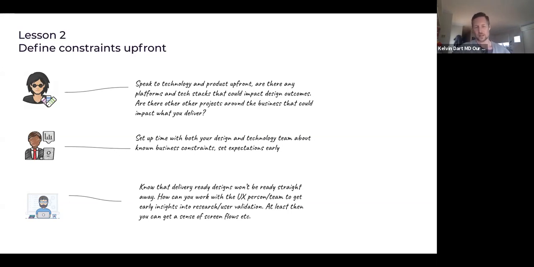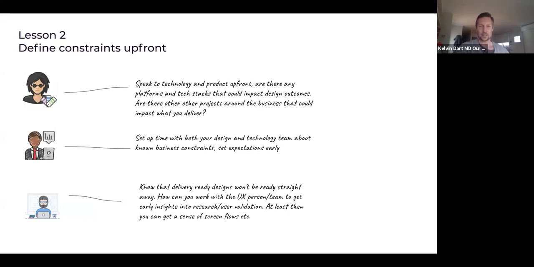And then for technical people, just know that you're not going to have delivery-ready designs straight up front. It's just not going to be the reality, especially for projects that are just getting off the ground. So get as close, I mean, we can't do it physically right now, but just have one-to-one catch-ups with the UX team.